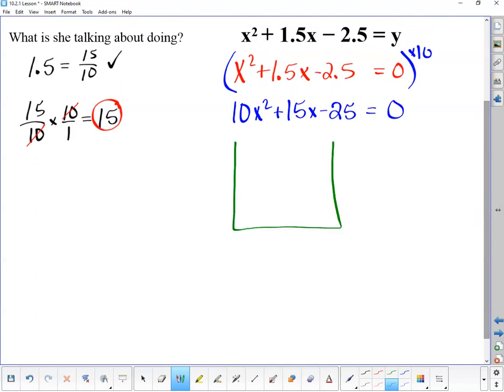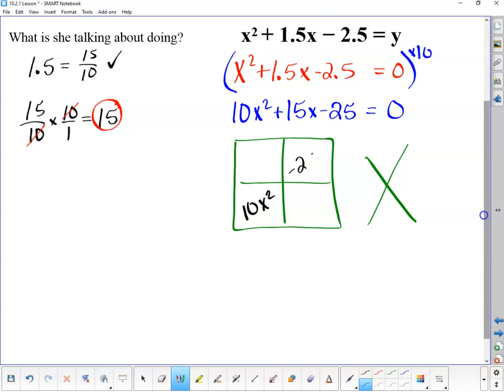And then we can factor this using the box and diamond. And we know that we put 10x squared minus 25, multiply those, you get negative 250, and then we have a positive 15 here. And looking at these, we can tell that 25 times 10 is 250, and 25 minus 10 is a positive 15.